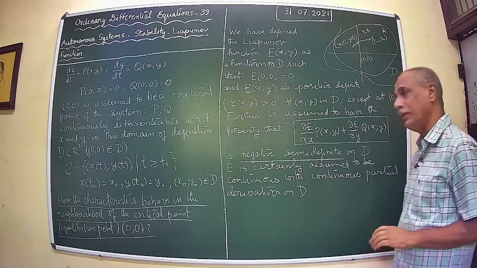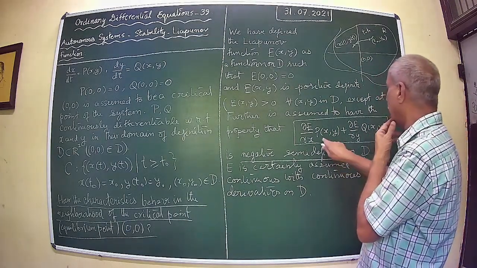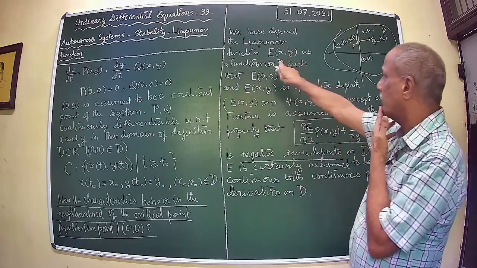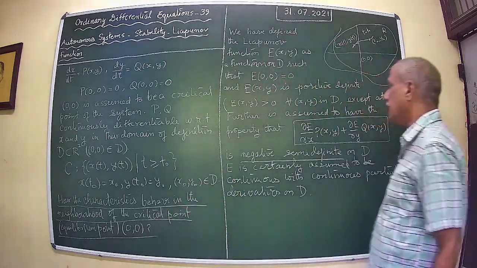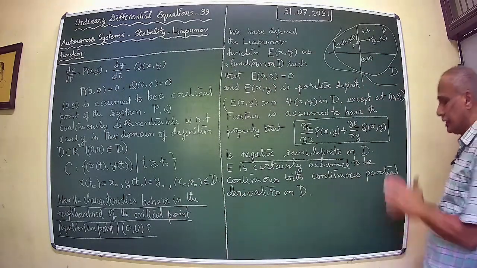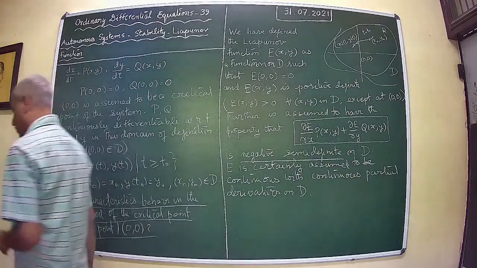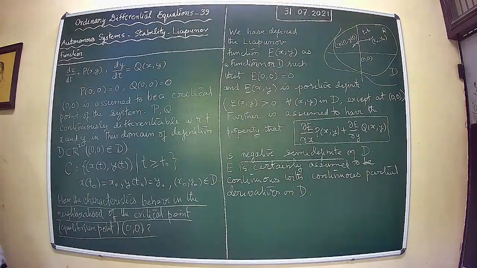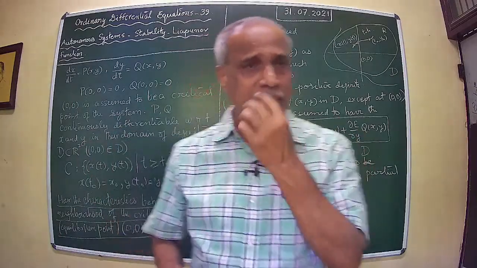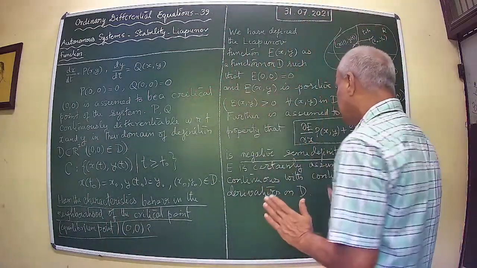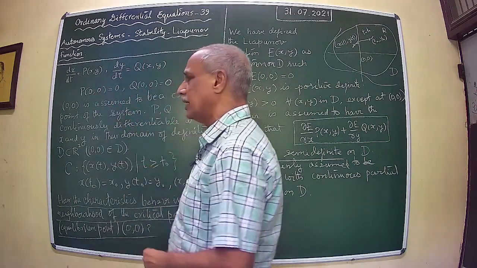Okay? We don't know whether such functions exist, because you see that the crucial point is this, that there are several functions satisfying these properties. That is, it is positive definite, it is continuously differentiable, and it vanishes at (0, 0). There are several functions that you can define with that, but P is something that is given, Q is something that is given.